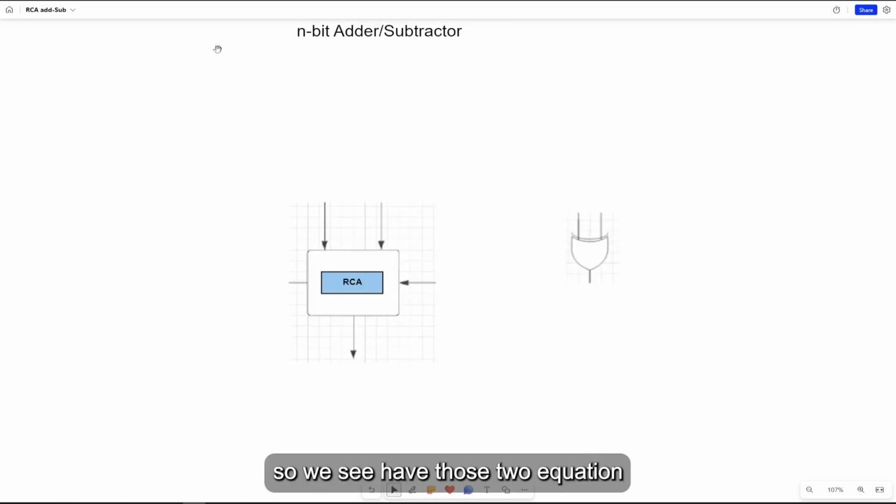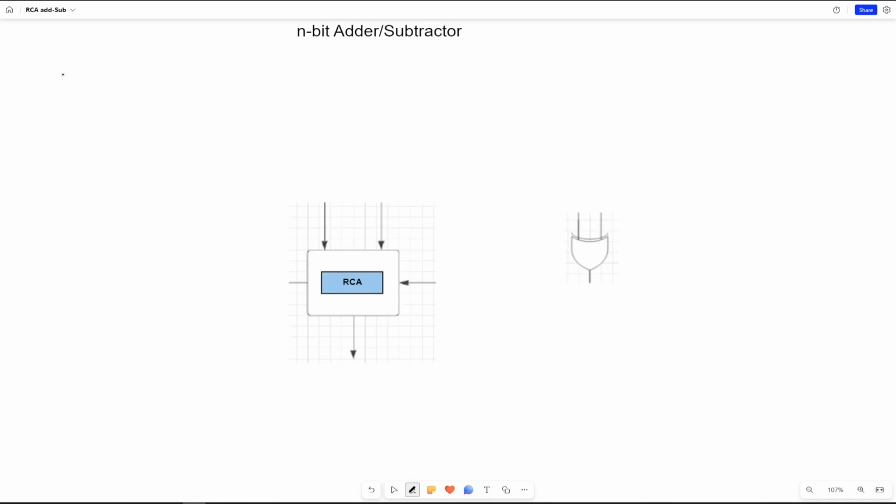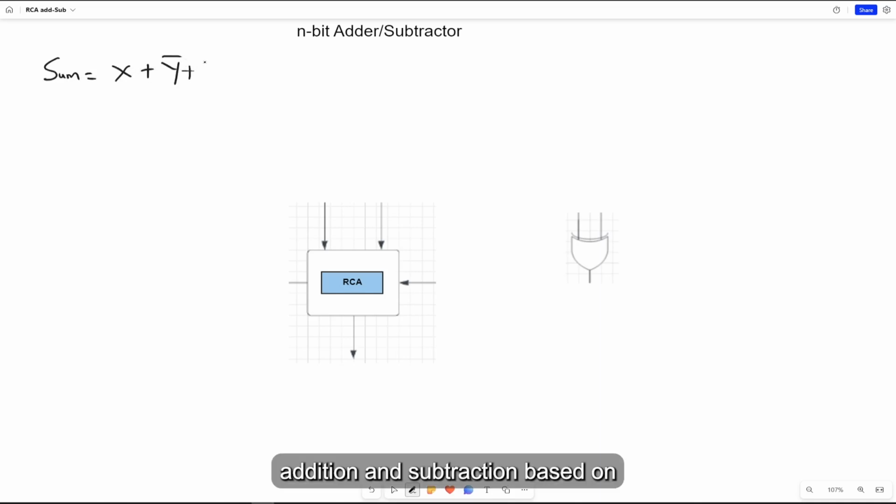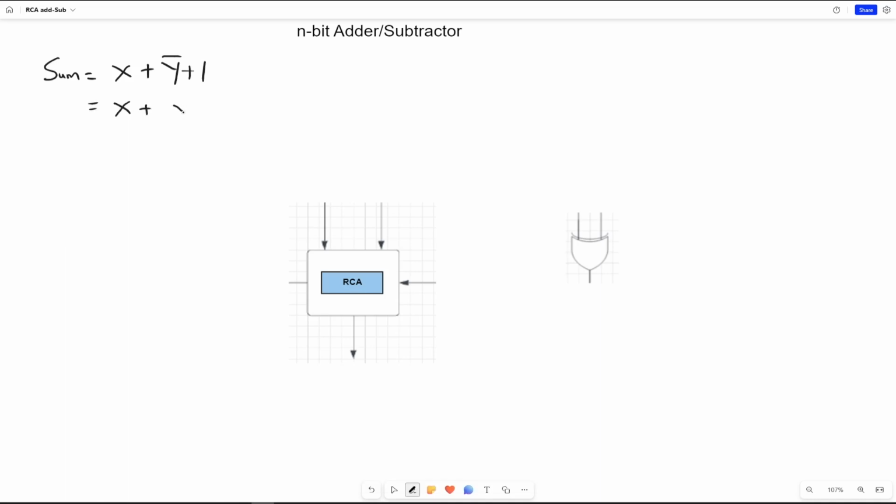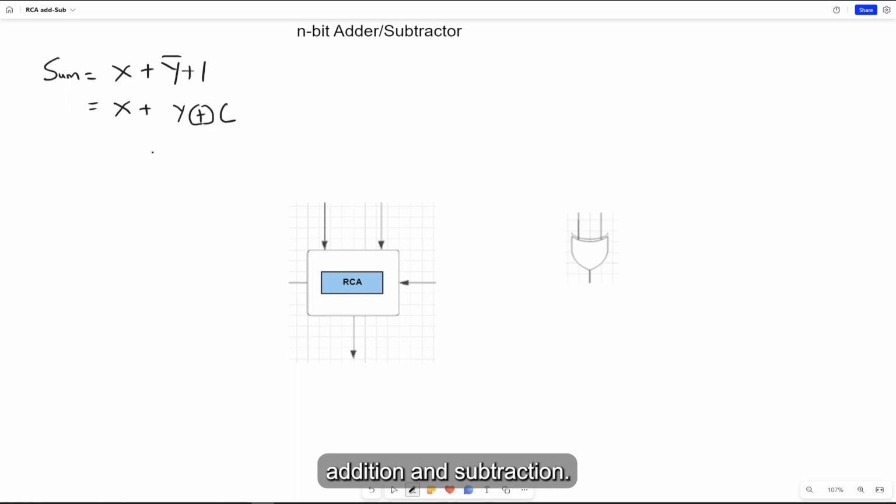So we see those two equations, that sum can do both addition and subtraction based on whether we do x plus y, we XOR it with C. So we can get addition and subtraction.